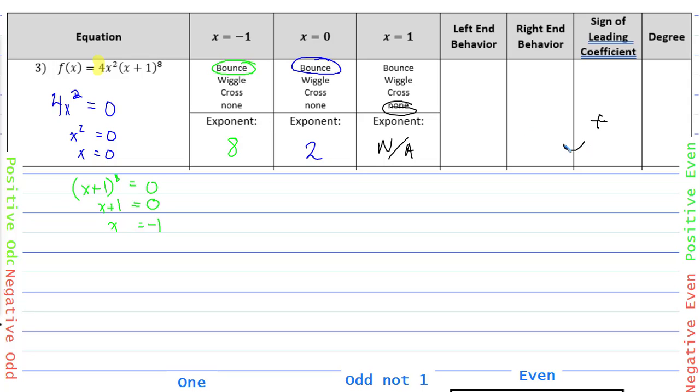The right-hand side always matches. It's going to go to positive infinity. And then we add our exponents, so 10. It's even, so that means I'm going to match. So y is going to positive infinity on the left-hand side as well.